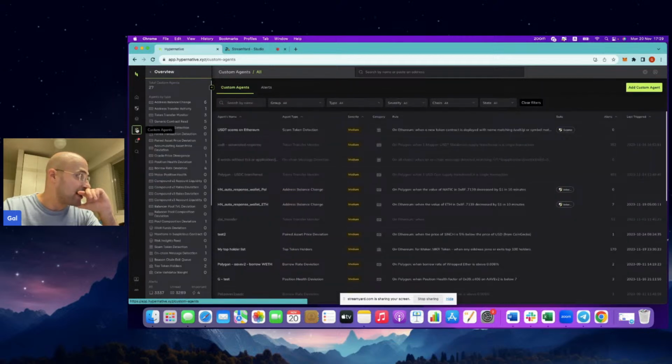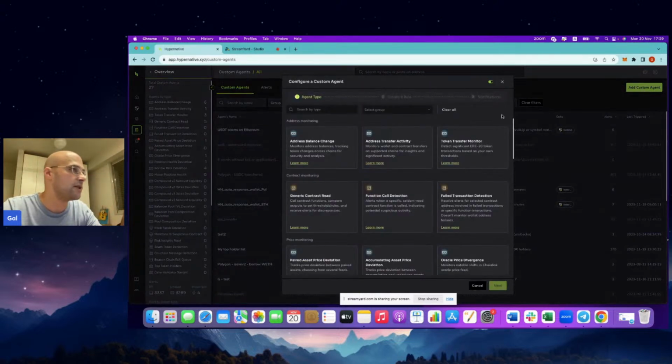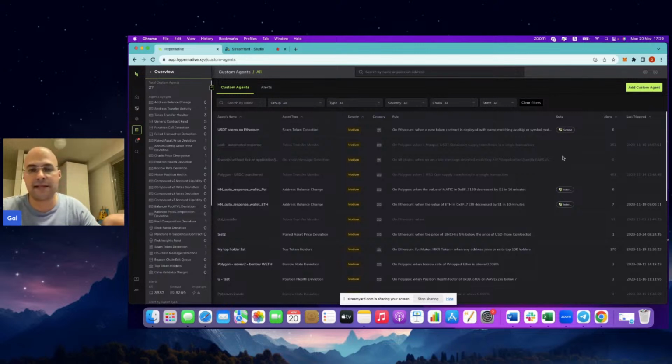So this is one part. The other part is what we call custom agents. Everything that you saw until now are out-of-the-box, very actionable alerts that Hypernative can trigger. You just add the assets that you want to monitor, and you can get all of these alerts, which are, again, very accurate, specific and actionable.